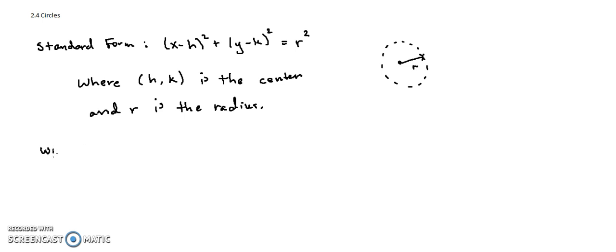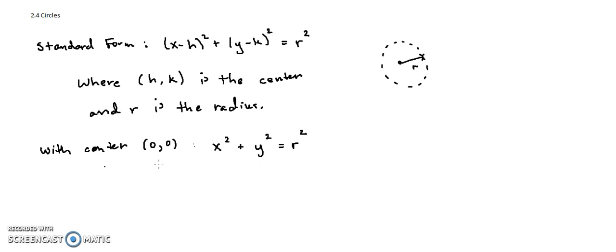Okay, looking at a couple of basic circles. If the center is at (0, 0), that means h is 0 and k is 0. We're just going to have x squared plus y squared equals r squared, because x minus 0 is just x and y minus 0 is just y. So it simplifies a little bit if you have zeros in there.